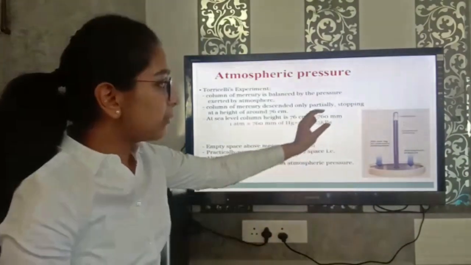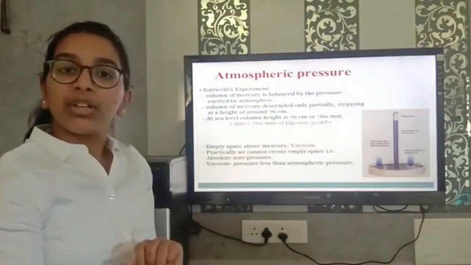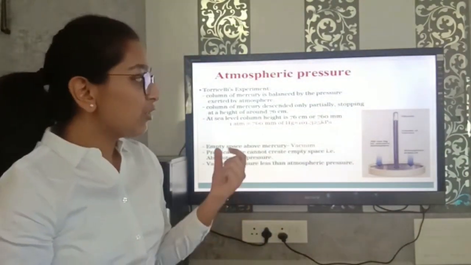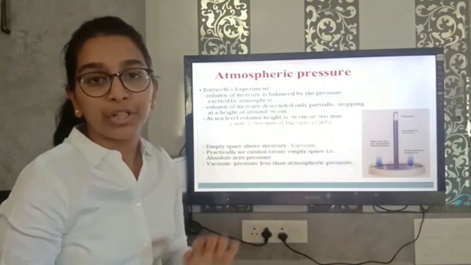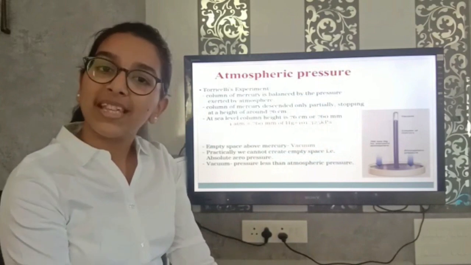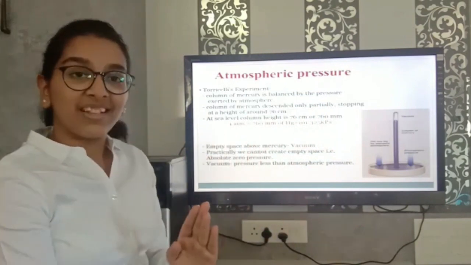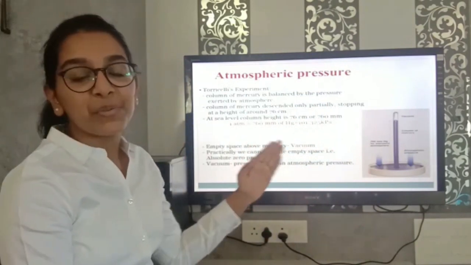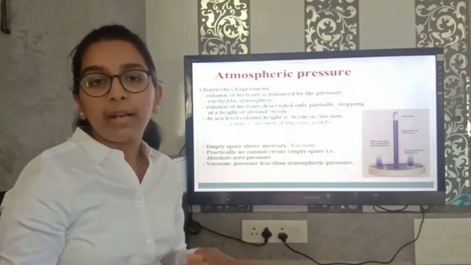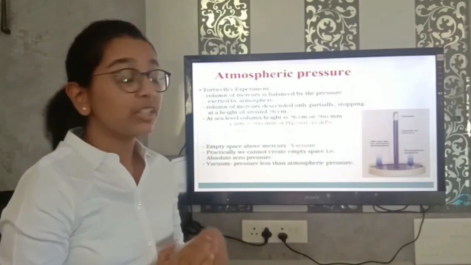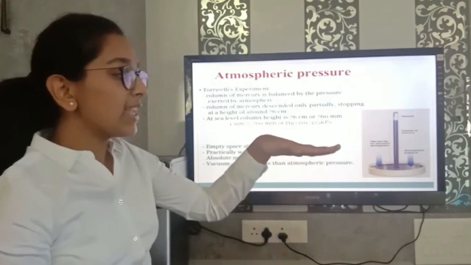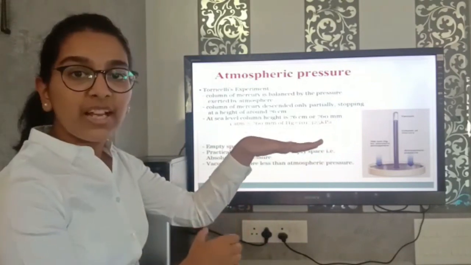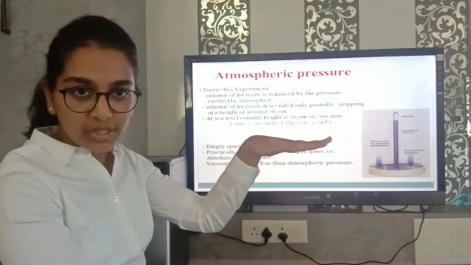Now you might be able to see some space above the mercury column. There was no chance that air could enter this space because it had mercury in its way. So what was there in this space? There was nothing. This empty space was termed a vacuum. But practically, it is not possible to create such a place. So vacuum is defined as the area or space where the air pressure is less than atmospheric pressure.